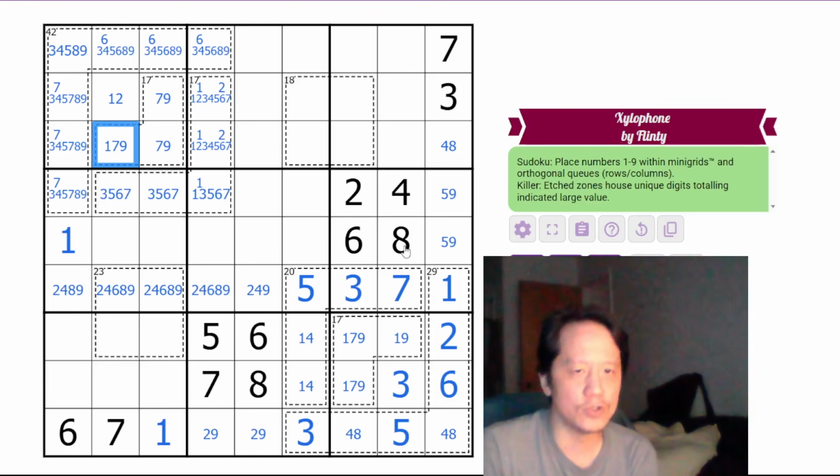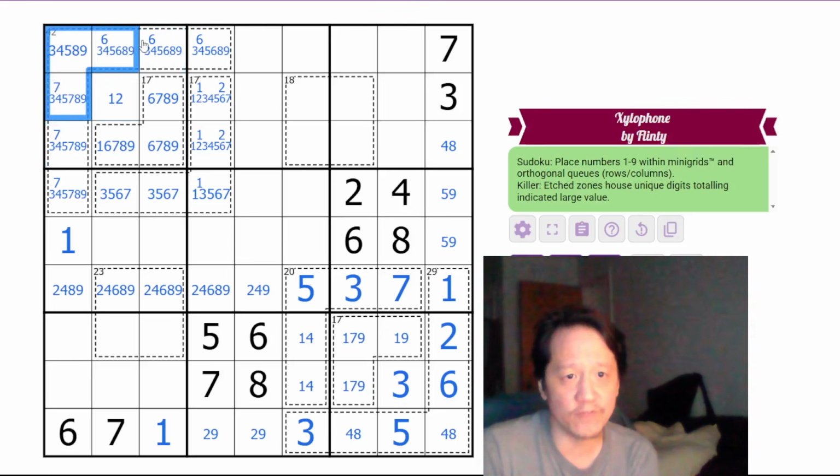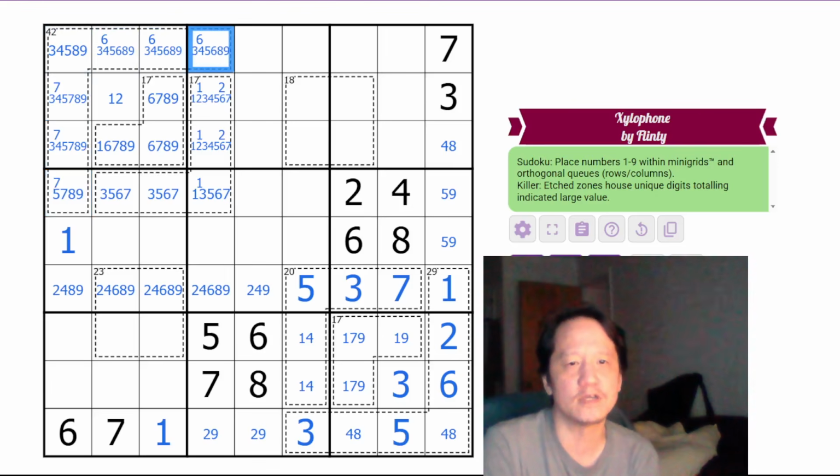If it's 2, it's 6 and 9 or 7 and 8. Which means we are guaranteed in this box 3 or 4 in the 42 cage. That eliminates 3 and 4 in the rest of the cage. So this has to be 2.